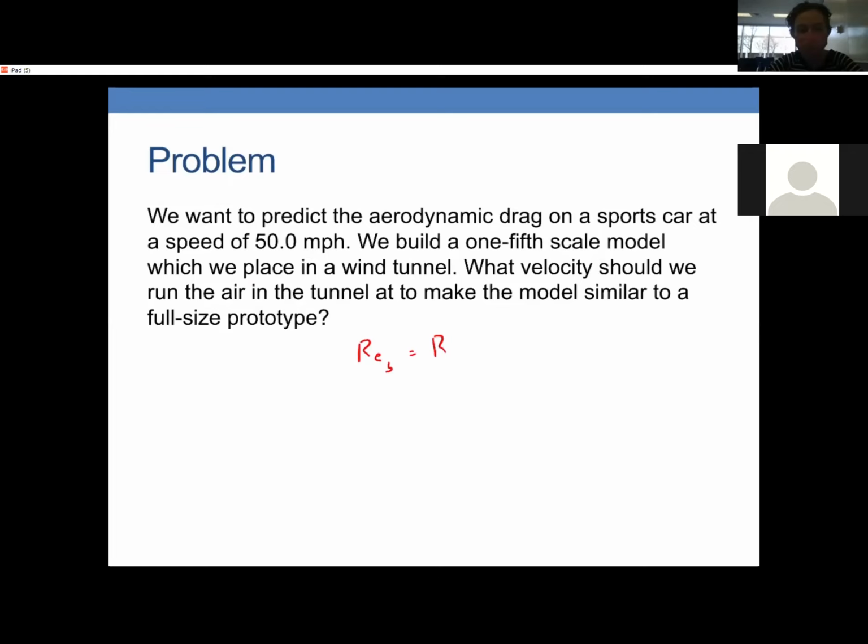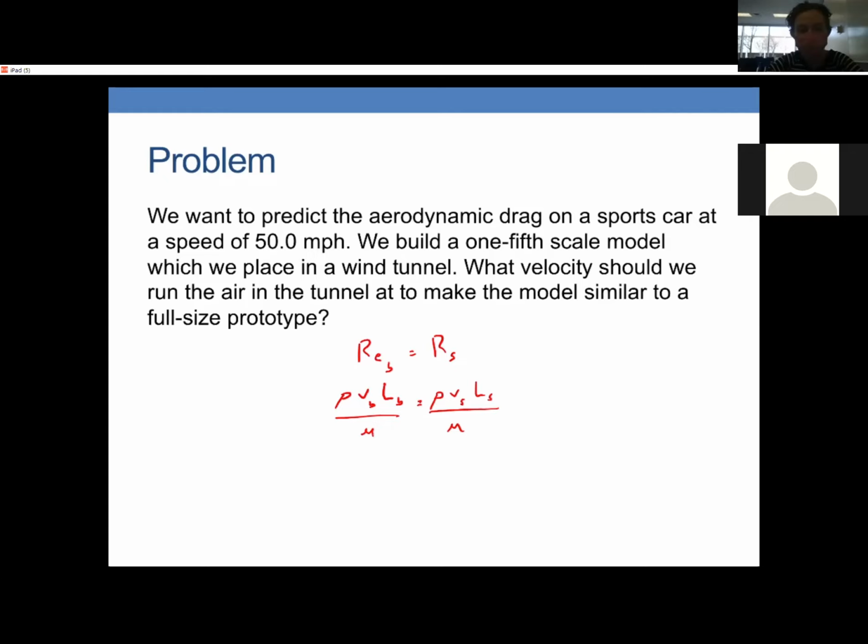The Reynolds number is rho V L over mu, equal to rho V L over mu. That rho and that mu, the density and the viscosity, that's the density and viscosity of what?